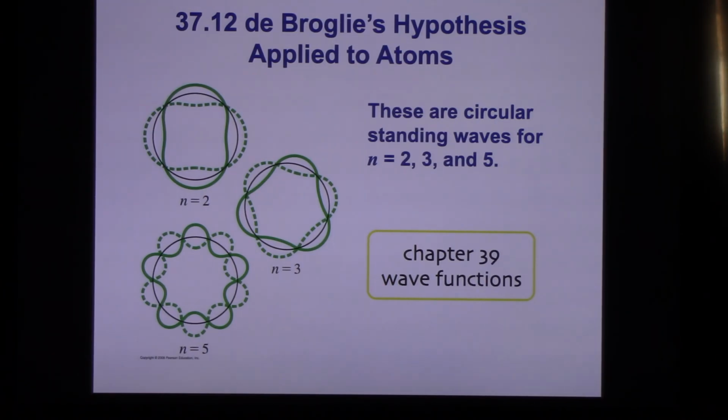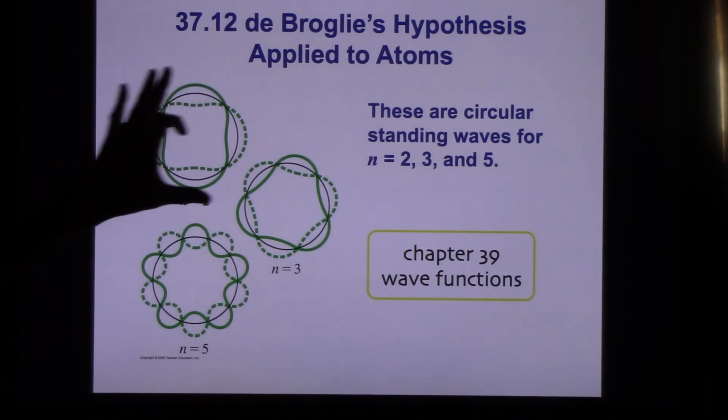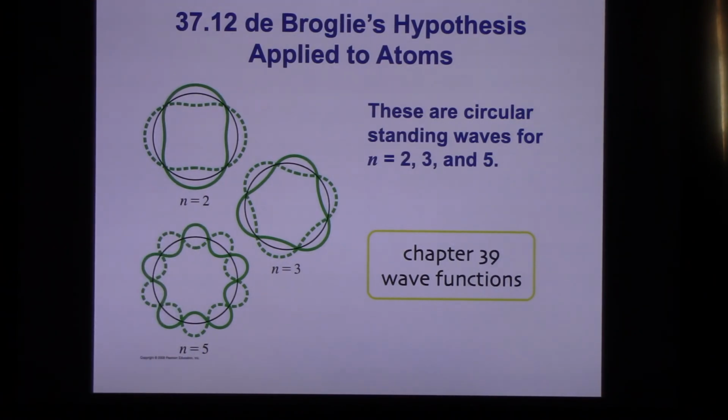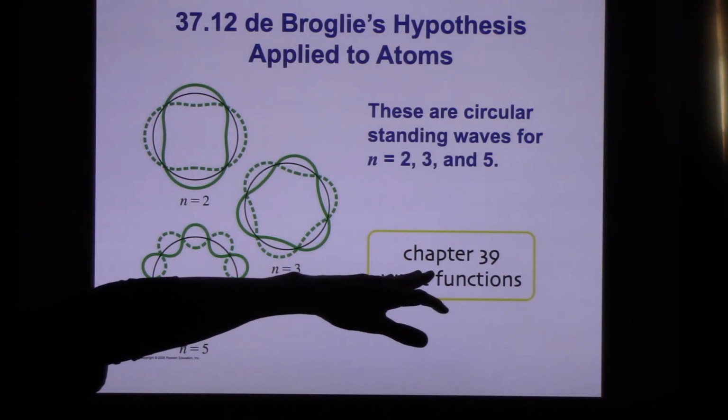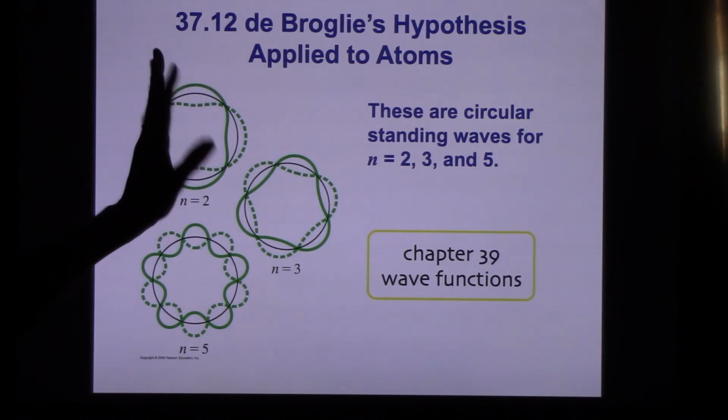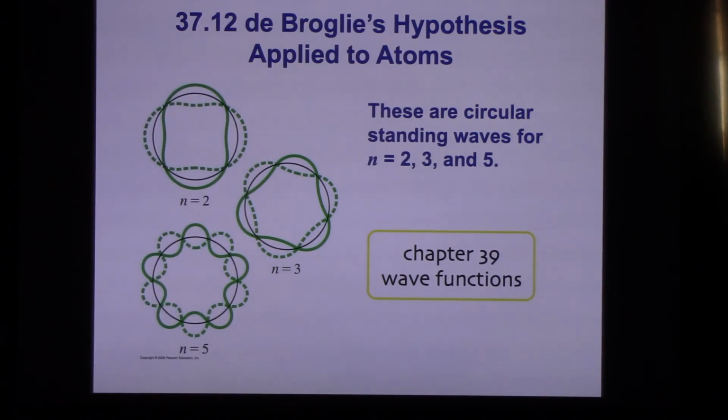This started people thinking of interference effects based on angular momentum. It was kind of the first step towards full-blown wave functions, which I keep advertising for chapter 39. That's where we're going to come back and do atoms the right way. So this was another, don't worry about this part of the chapter, okay?